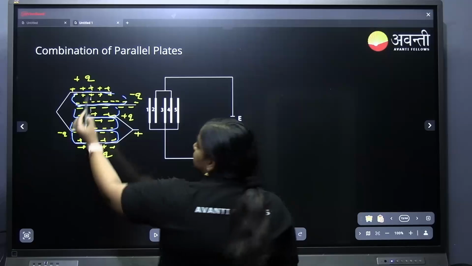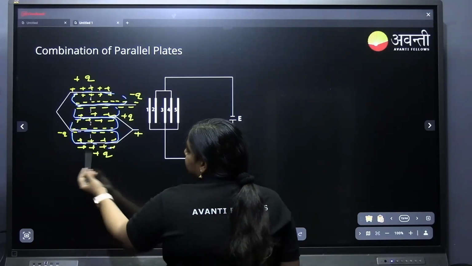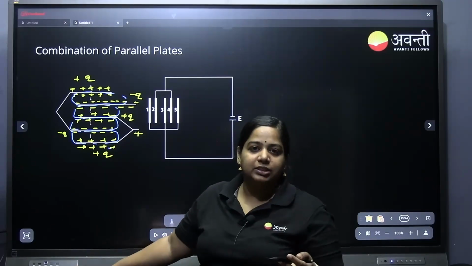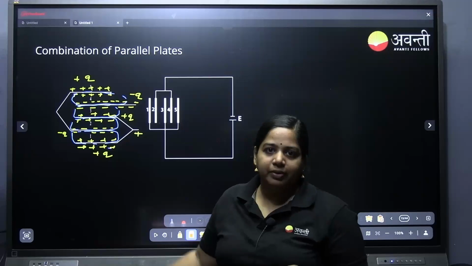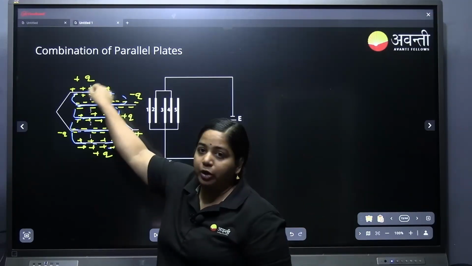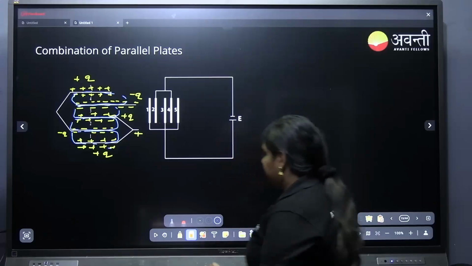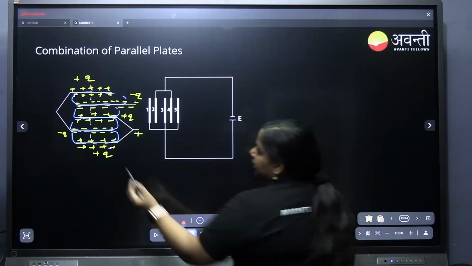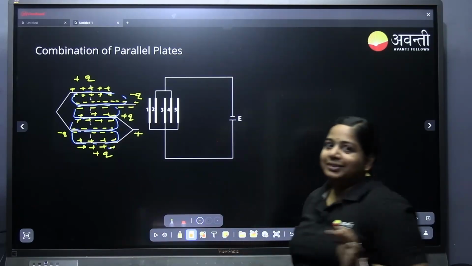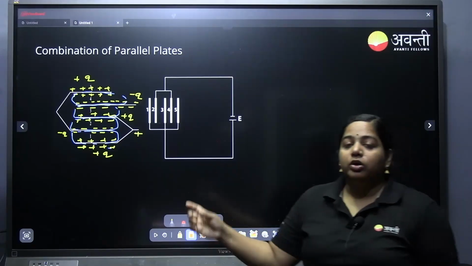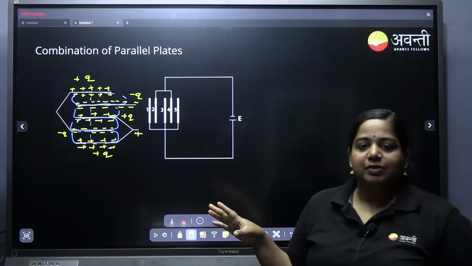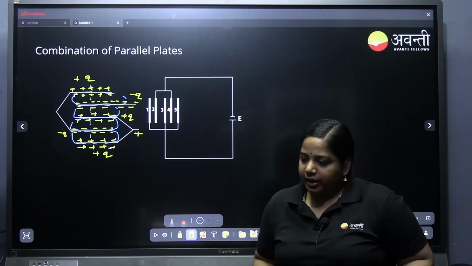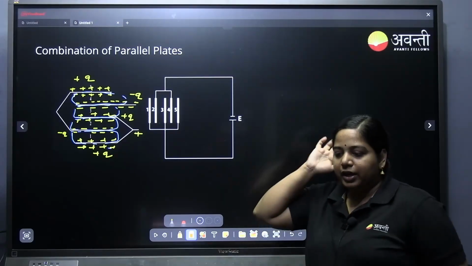And this is also a capacitor, just that its other plate is at infinite distance. If you find capacitance, it will be 0. So we don't have to take this one and the top one. The other 4 we will see. You can connect them like this: 1, 2, 3, 4 capacitors connected in parallel. So the equivalent capacitance will be equal to C1 plus C2 plus C3 plus C4. Did you understand how we are approaching this question?